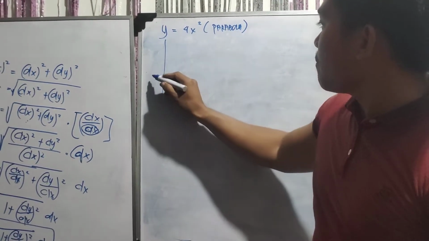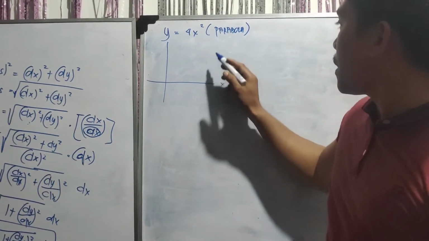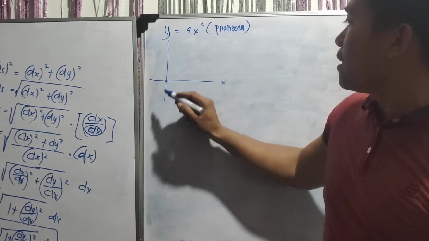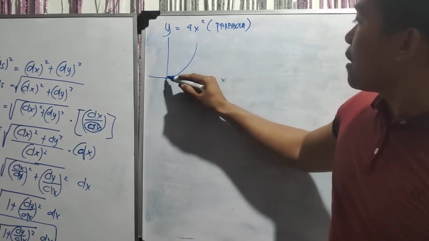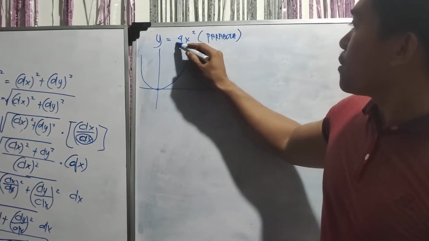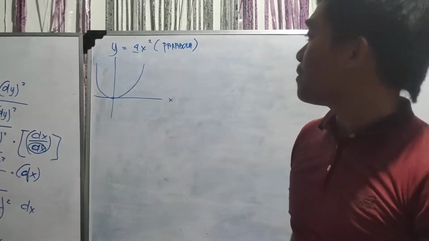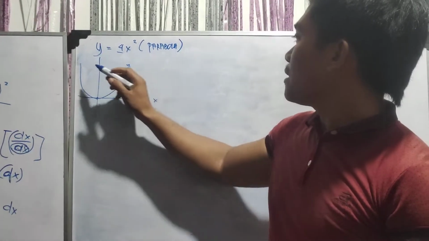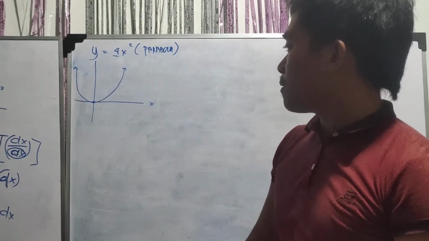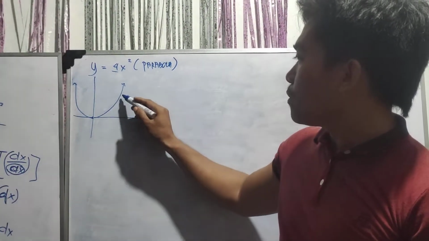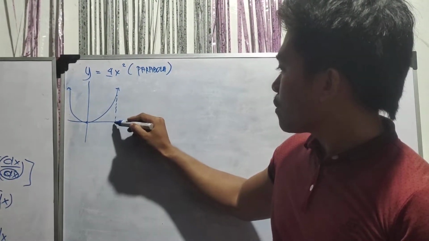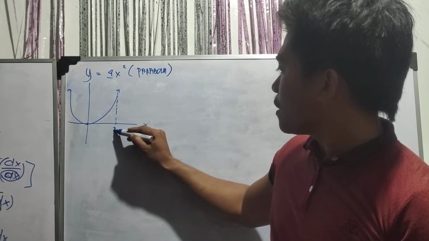Now, pag in-graph mo yan, of course, this is just a parabola wherein yung vertex niya is nasa origin, saka facing upwards, kasi yung latus rectum mo is positive. Now, let's say you are required to compute for its length from 0 to 2 meters, or x is equal to 2.